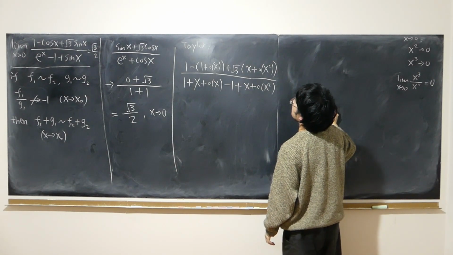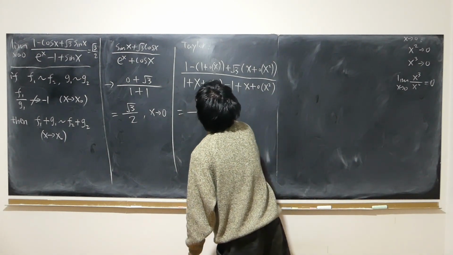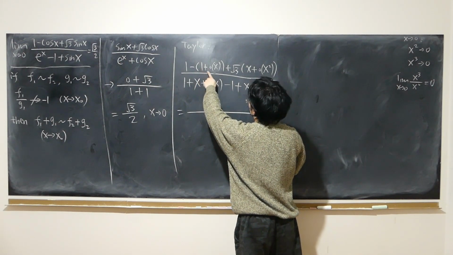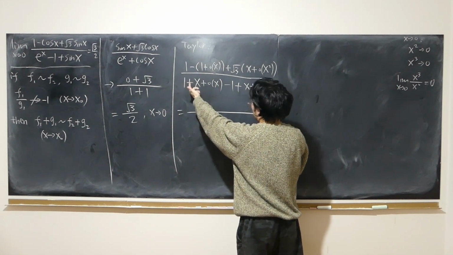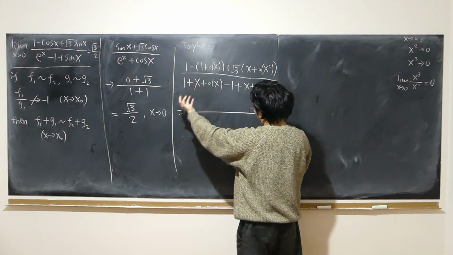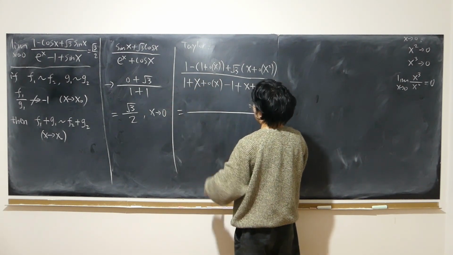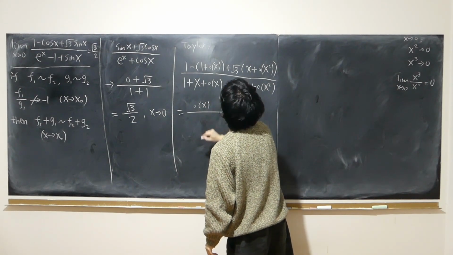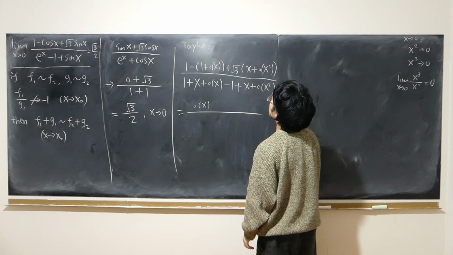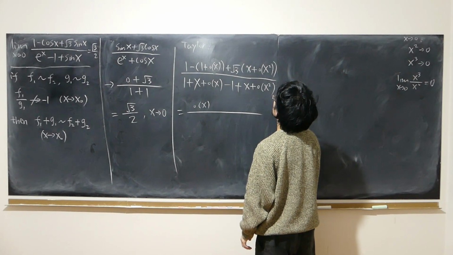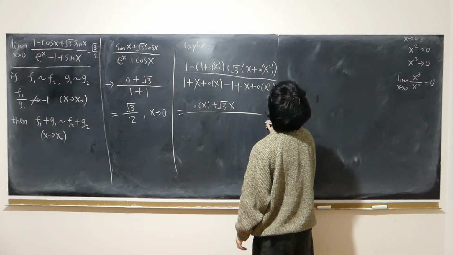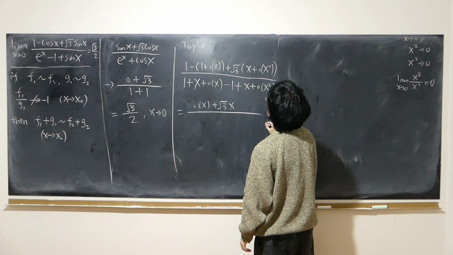So let me see. This time we should have just 1 minus 1, 0. Minus little o of x. But minus little o of x still equals plus little o of x. It's easily verifiable. So we have little o of x plus square root of 3 times x plus little o of x squared.